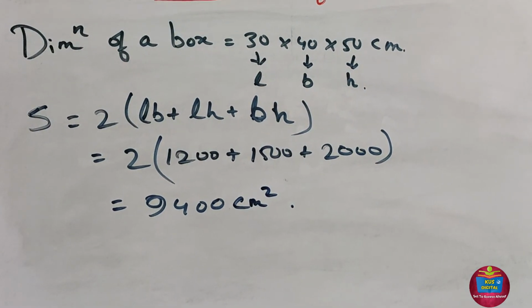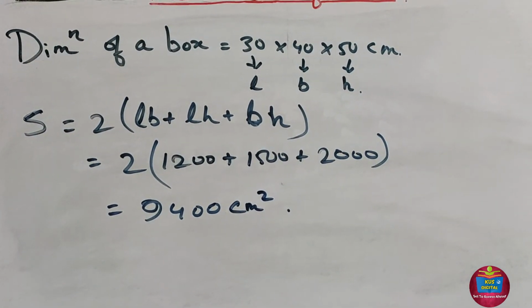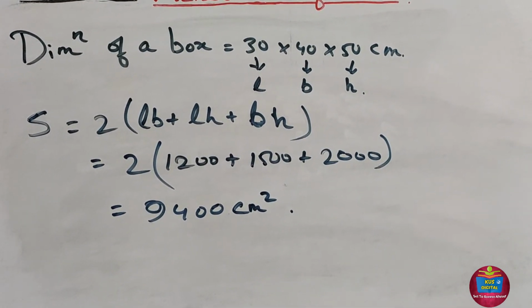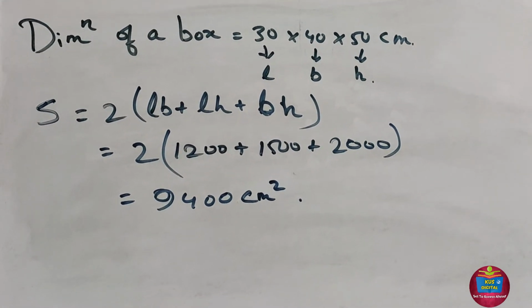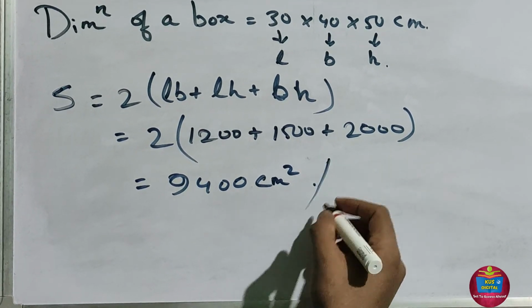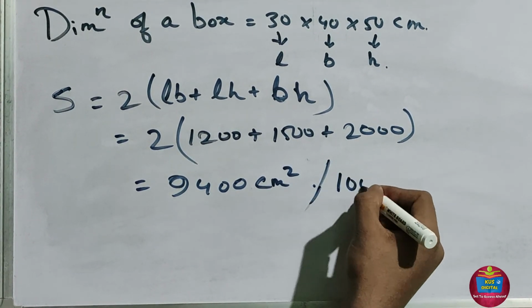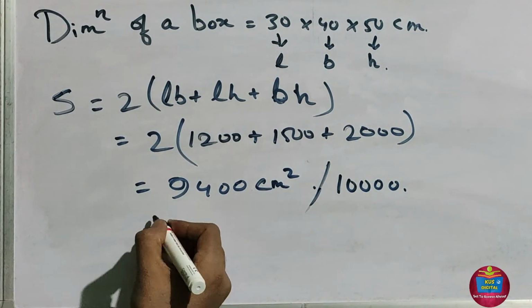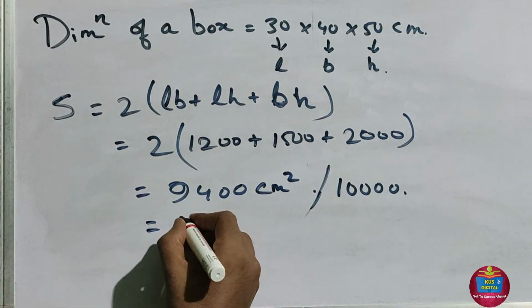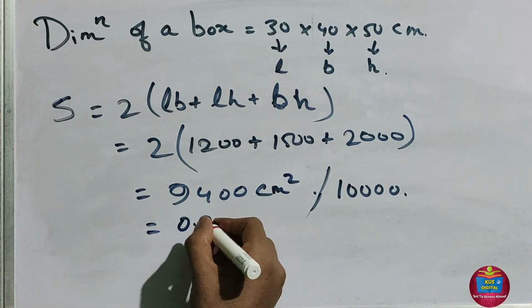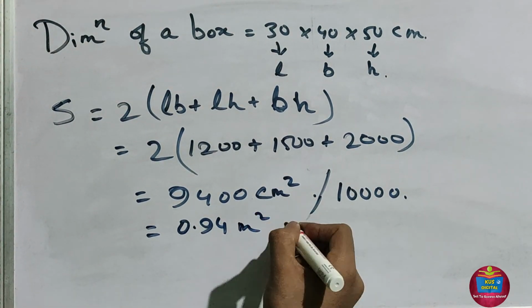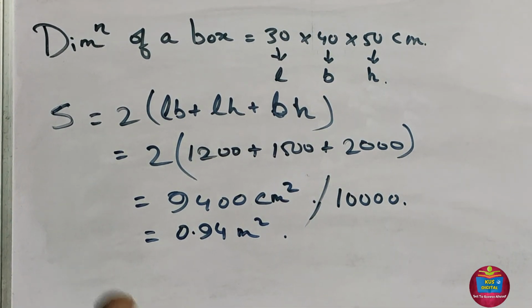So this is the surface area. Now let's convert it to meter, because the price of tin is given per meter square. To convert it, let's divide by 10,000. After dividing by 10,000, we get meter square. So this comes to be 0.94 meter square. This is the surface area of one box.